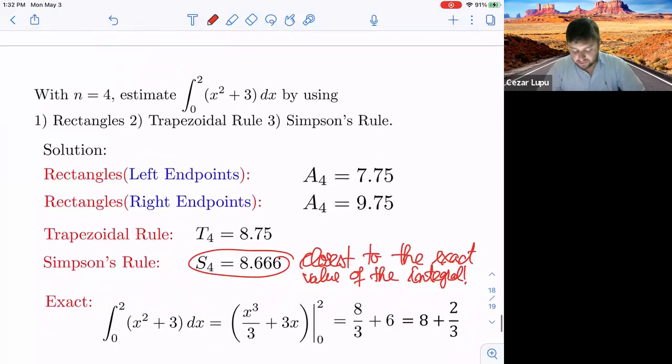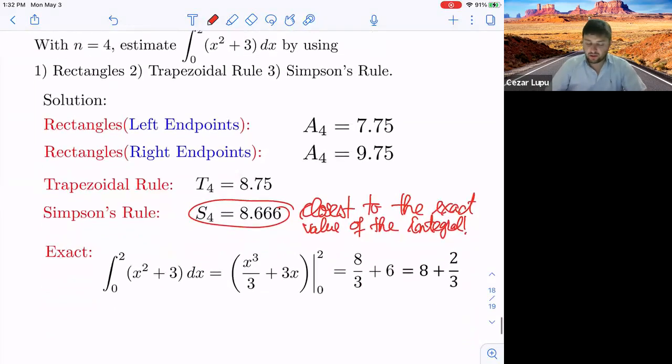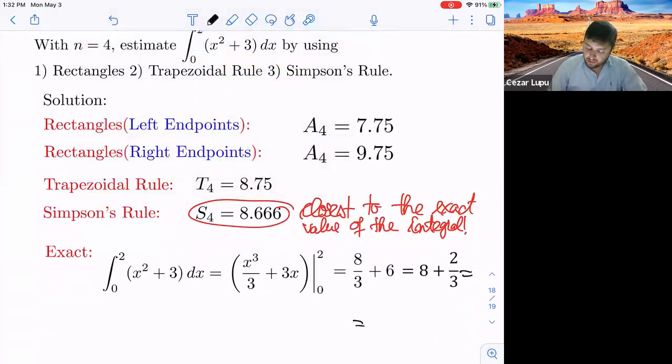All right, you see the exact value is 8 plus, so which will give us what was it? 8.667, right? Oh, wow.